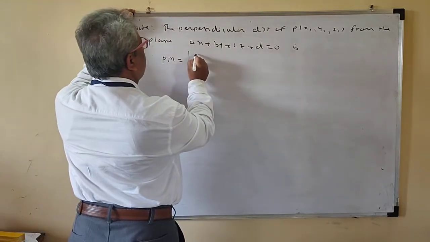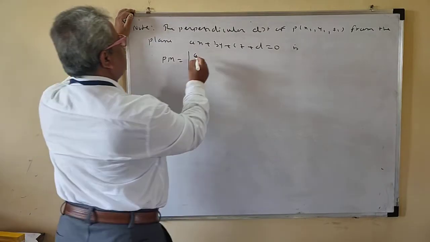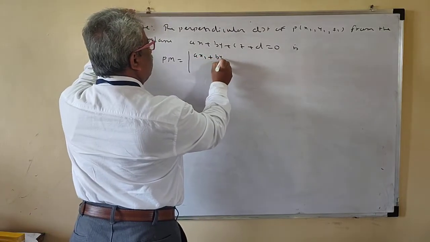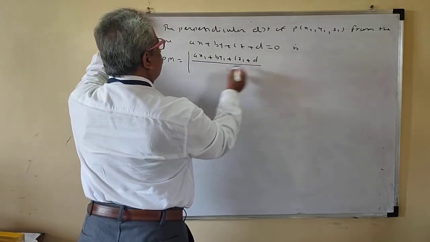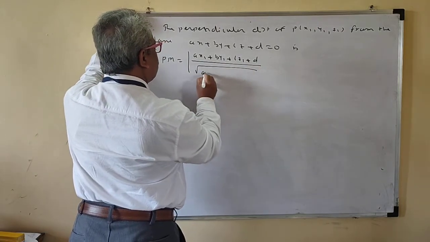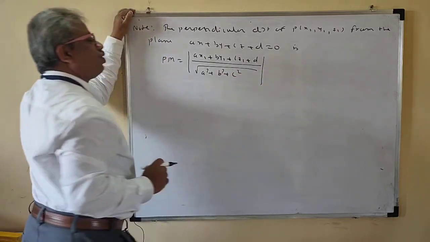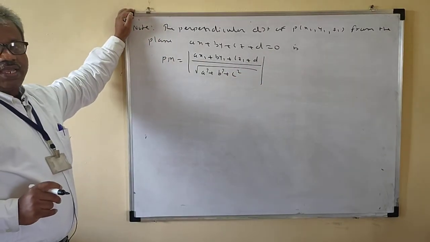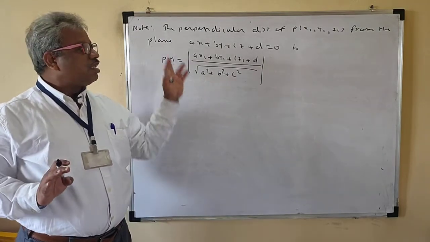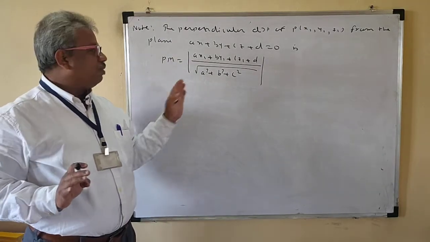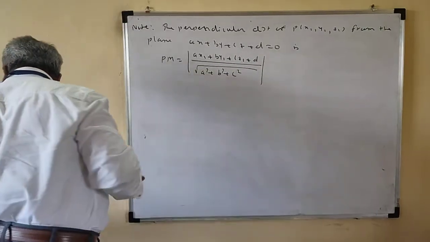Instead of x y z you write the point x1 y1 z1: a x1 plus b y1 plus c z1 plus d, upon the root of the sum of the squares of the coefficients of x y z. This is the perpendicular distance of a point P from the plane. This is the formula, so remember it while solving problems.